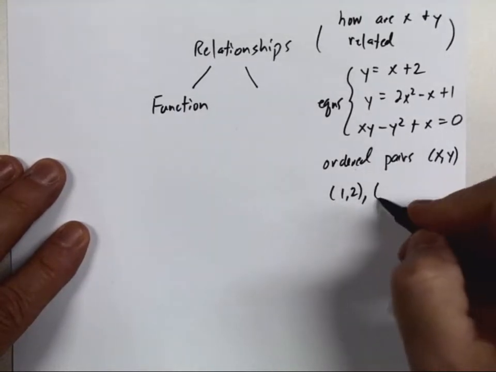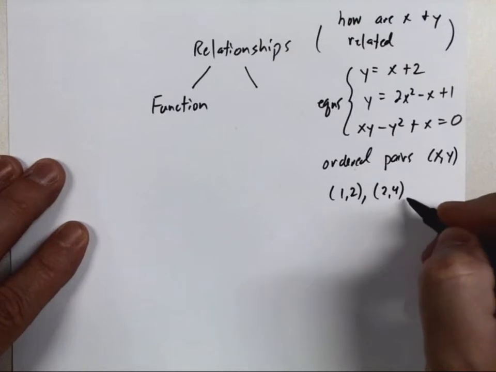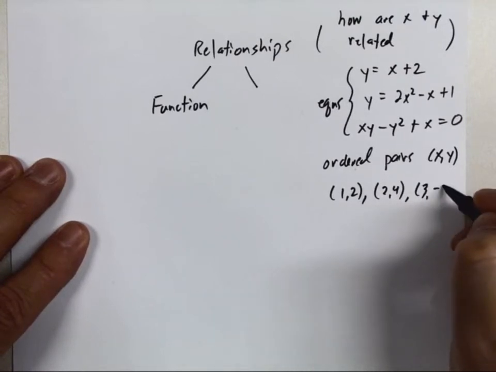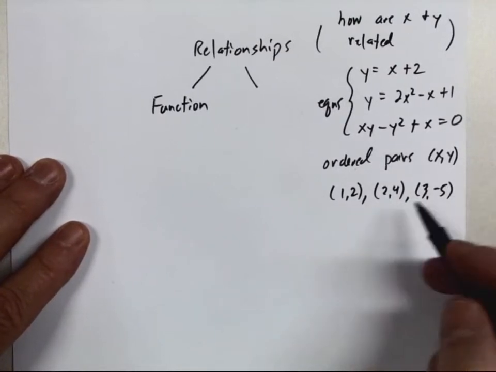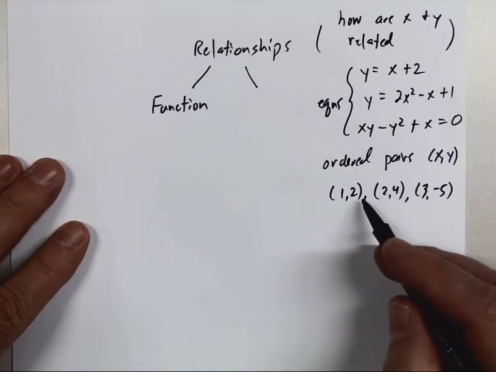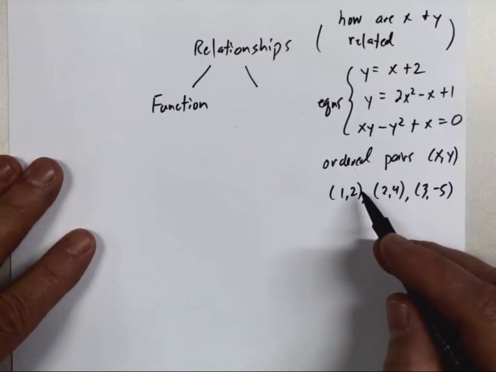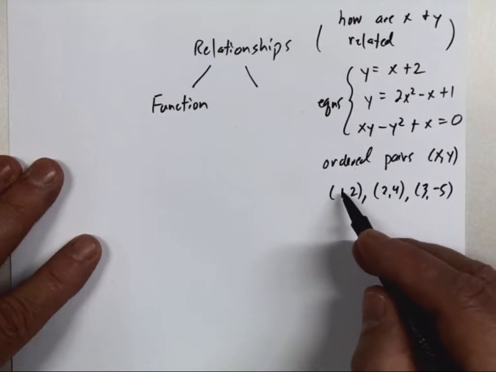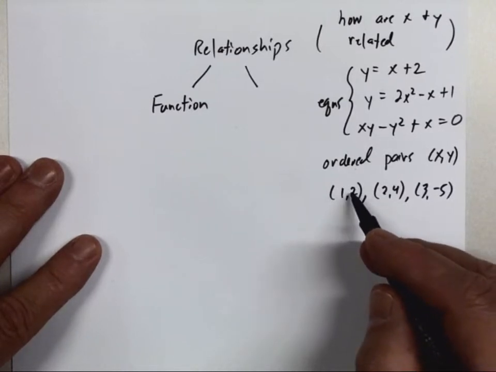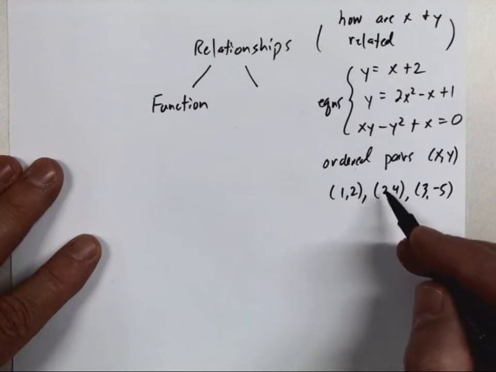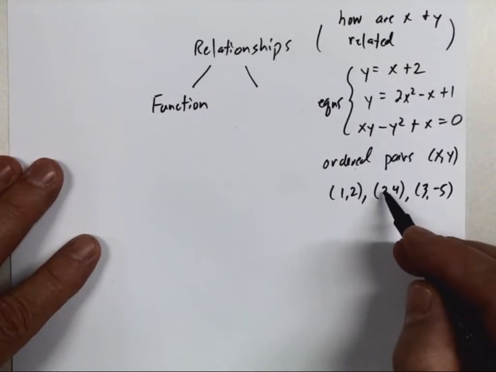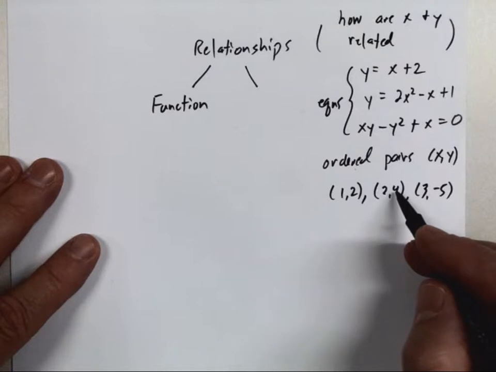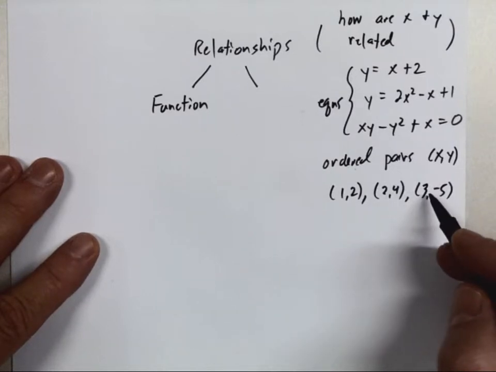So if I have a group of ordered pairs here, this actually describes a relationship between x and y. Because what it says is, when x is 1, y is 2. This ordered pair says, when x is 2, y is 4. This ordered pair says, when x is 3, y is 5.